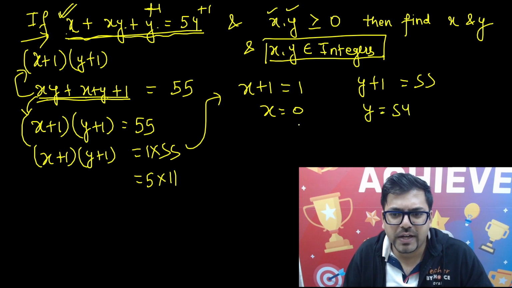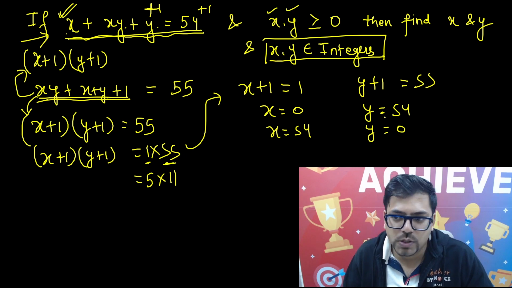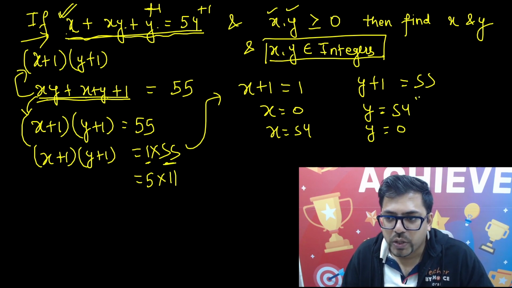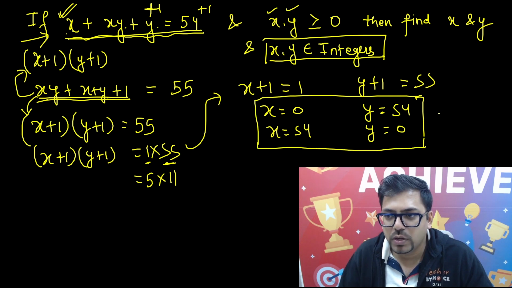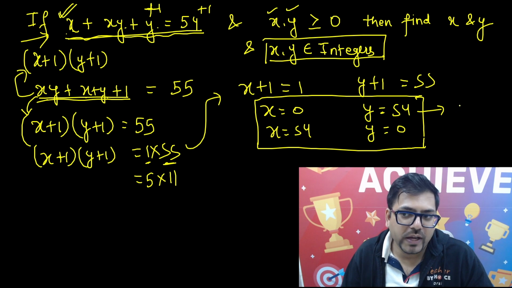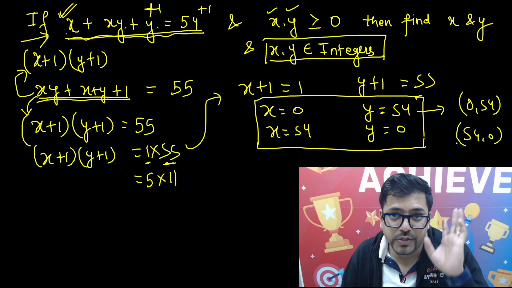And this can obviously be vice versa also, that x can become 54 and y can become 0, if we simply interchange the values, that is, 55 into 1 is also possible. So here we have got the first set of values, x is 0, y is 54, and hence we get x and y values 0 and 54. So 0 comma 54 is the solution set, or 54 comma 0 is the solution set.